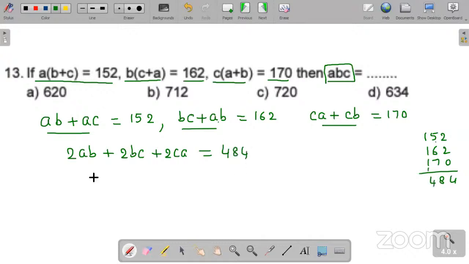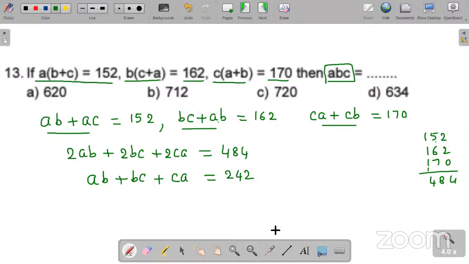Divide by 2. What do you get? AB plus BC plus CA is equal to 242. 242 you will be getting.